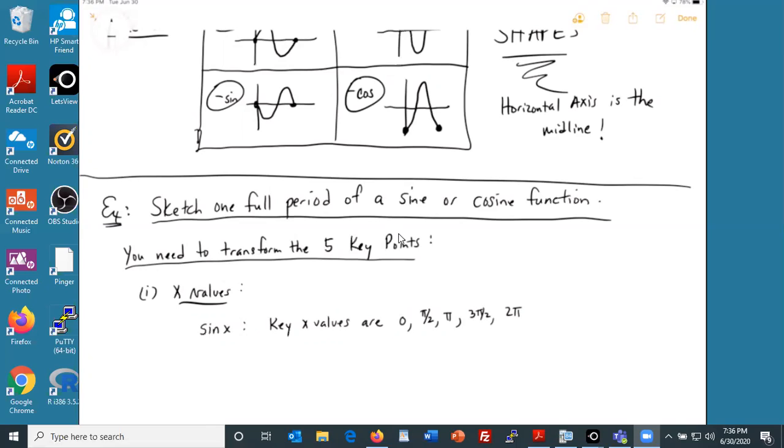But now you're going to have to transform those to different values if the period isn't 2 pi. So those are the key x values when the period is 2 pi. What if the period is something else? What will those 5 numbers be?